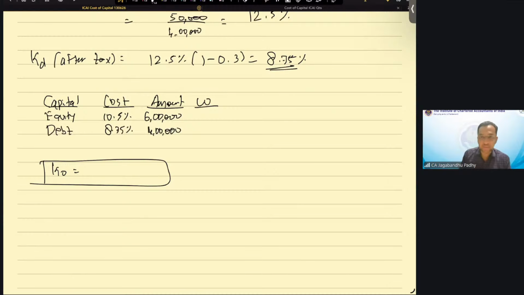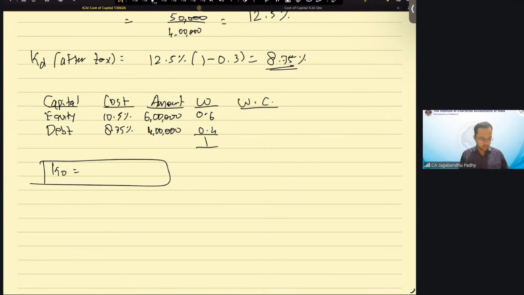You have to first get the weights. Weights are 0.6 and 0.4, so this totals to 1. Then you simply do weights into cost.